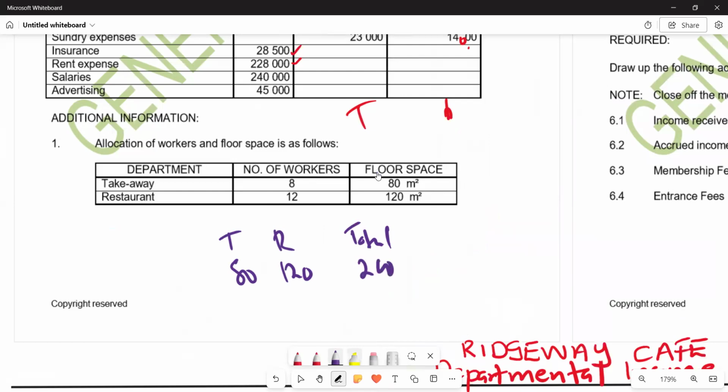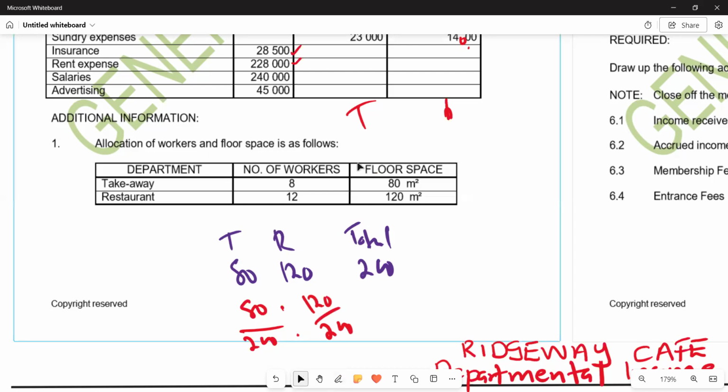So which means the proportions that we are going to use for takeaway, just say 80 over your 200, and then for restaurant, we are going to say 120 over 200. So this is basically what we are going to do. And then the rent expense amount is 228,000. So we are just going to multiply by 228,000 here. So let's just try to go and calculate it as such. So we go down.